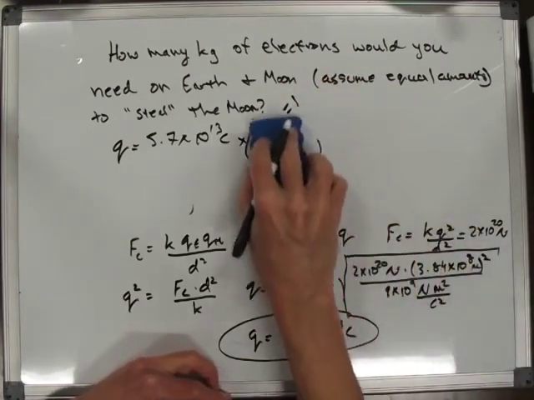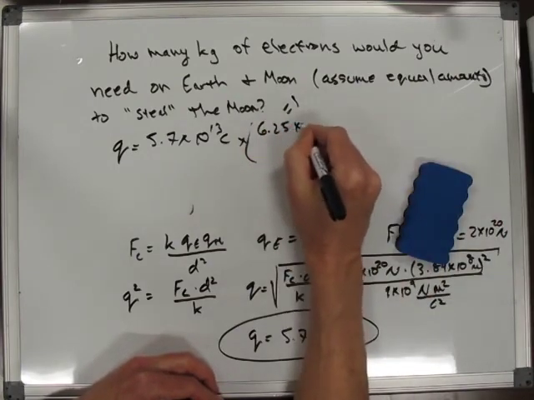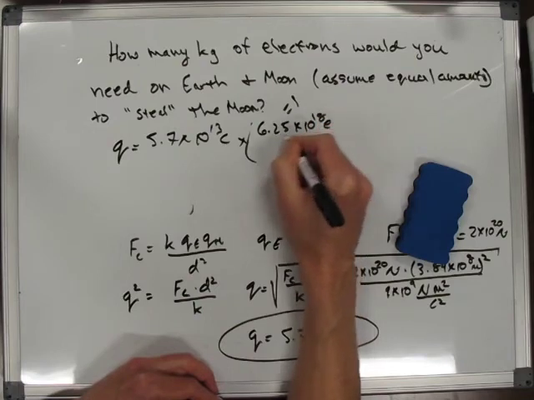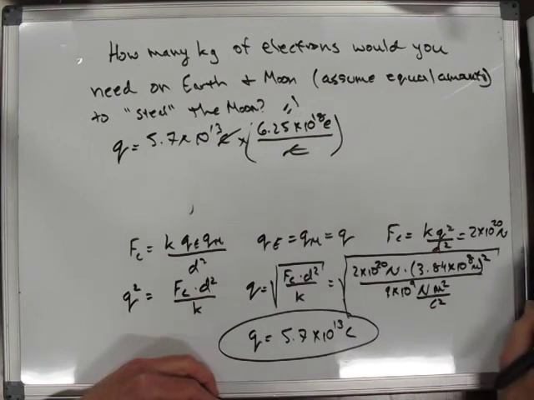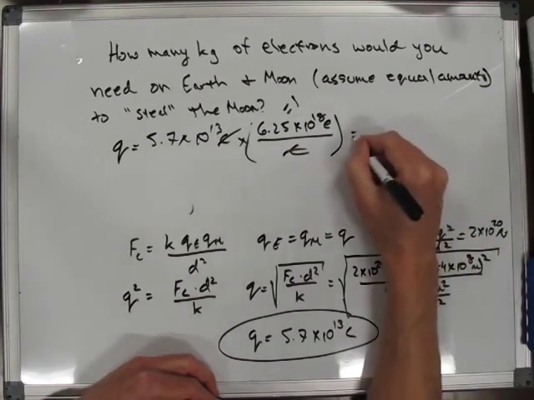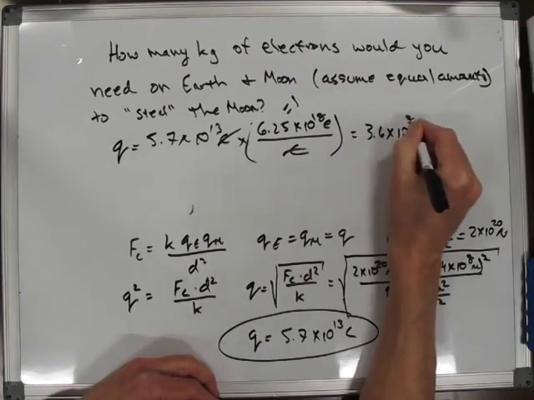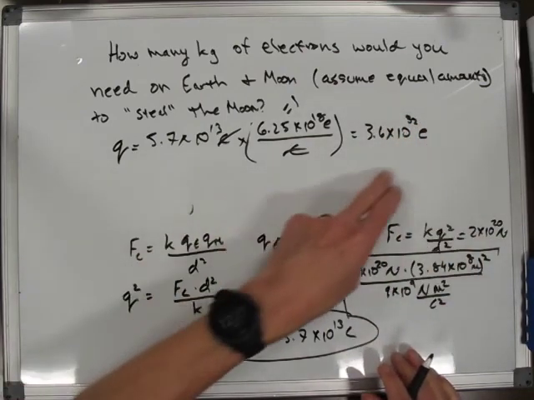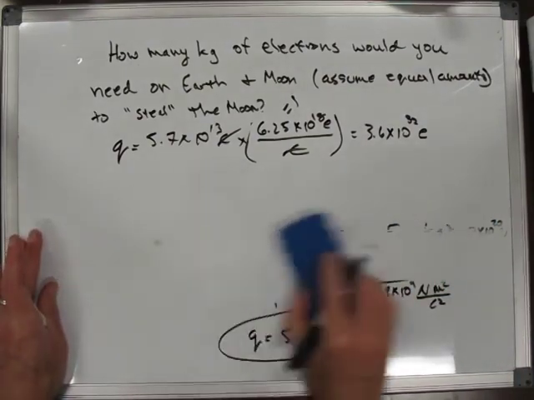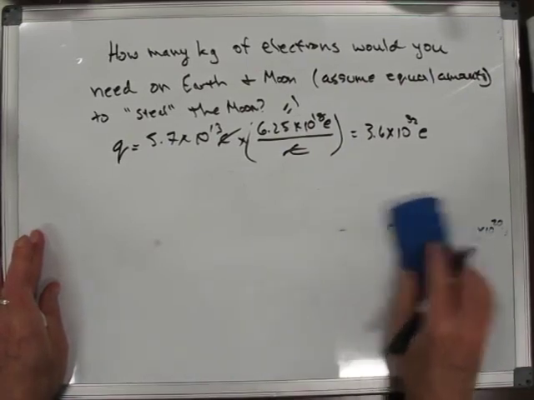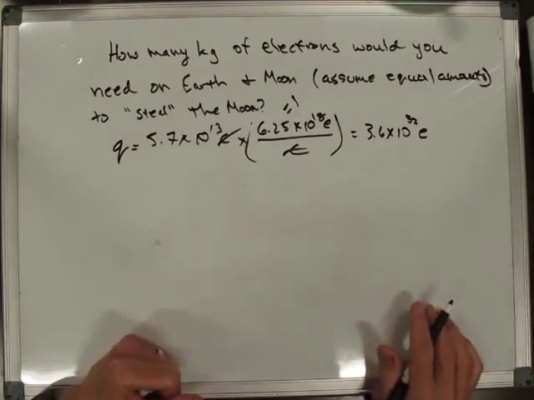Now my coulombs cancel, and this gives me about 3.6 times 10 to the 32nd electrons. So that's how many charges I need. I should technically have a minus sign here, but I'm just interested in how many charges are required. That's how many electrons I need, or protons, but we're going to use electrons because they have a lower mass.